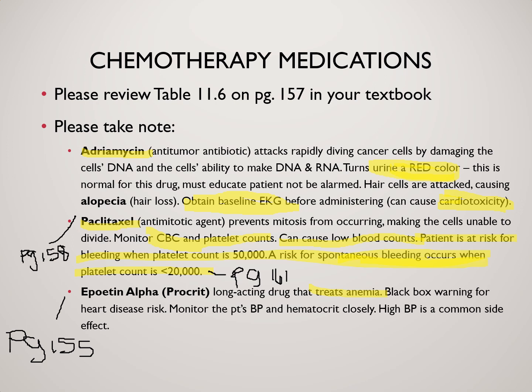You want to monitor for your heart status, monitor their blood pressure, their hematocrit very closely, because it is known to elevate both of those things. It would elevate the blood pressure and elevate the hematocrit. So your hypertension is going to be a common side effect of your Procrit.